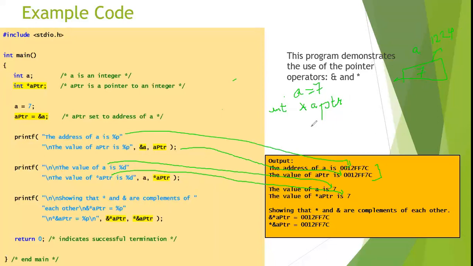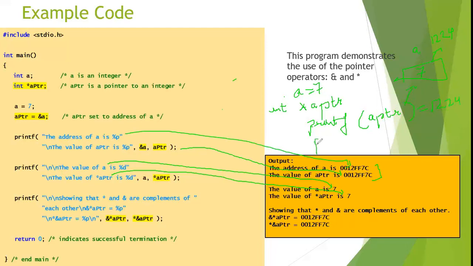Now if I say printf APTR, what will be the output? In this case, the output will be 1224. That is the address of the variable, right?